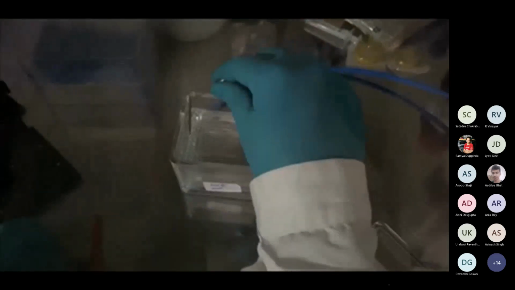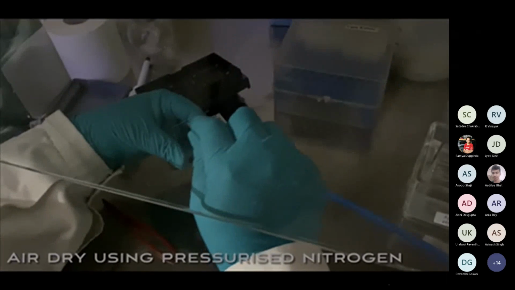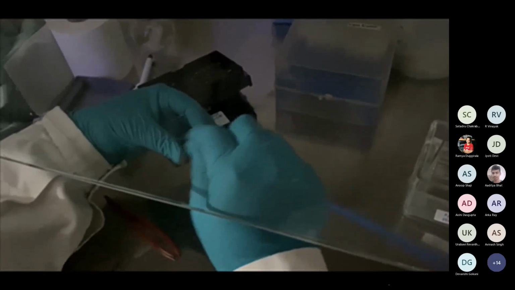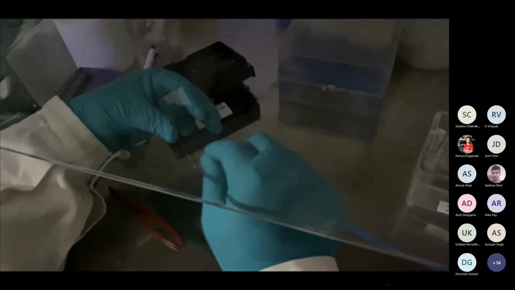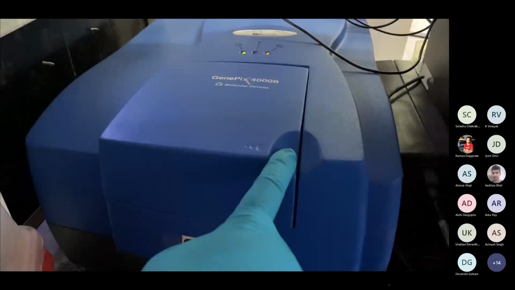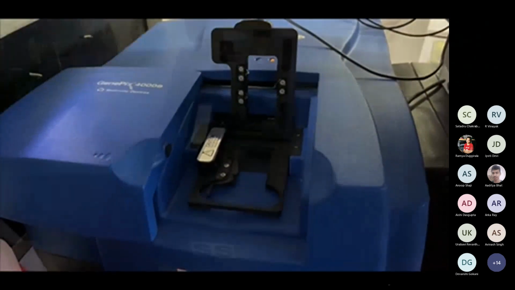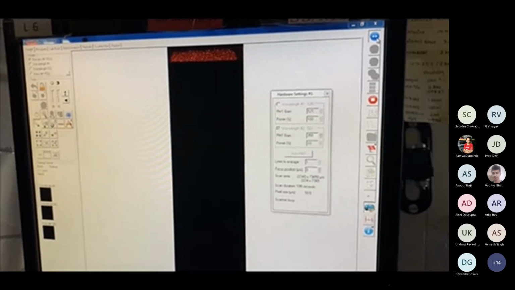This is done to wash away all the salts that may be over the peptide chip. Use a pressurized stream of nitrogen to completely dry the slides. Finally, we will scan the slide. This is the microarray scanner, GenePix 4000B. We are using manufacturer recommended settings for scanning the slide.